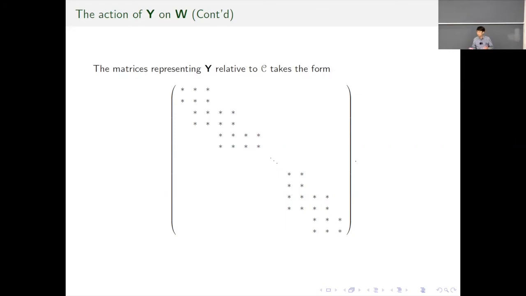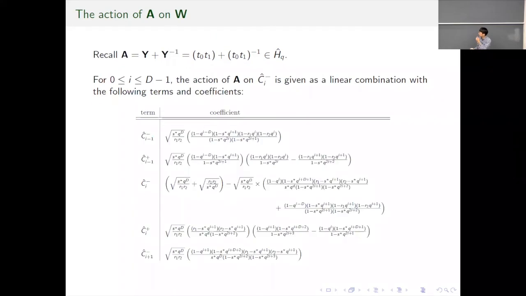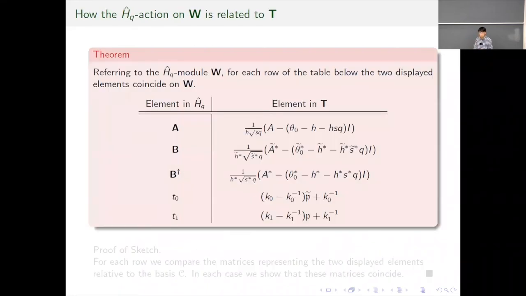Maybe, I'm not sure. Actually, I have thought about that problem. This relationship is true only over W, not the whole space. If we extend this module structure to the whole space, then I might answer your question. What is the image?